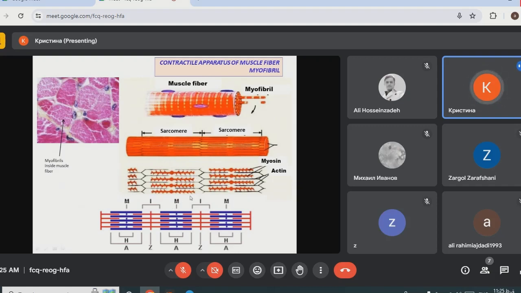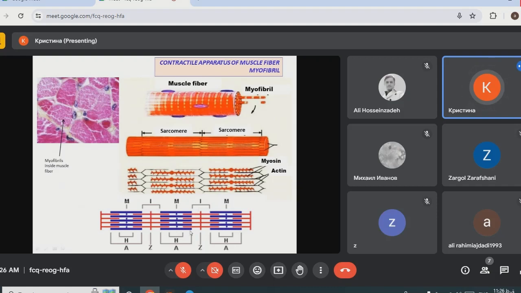The area which consists of thick myosin filaments and also actin filaments is called the A band. It looks darker. The area which consists only of actin filaments is called the I band.